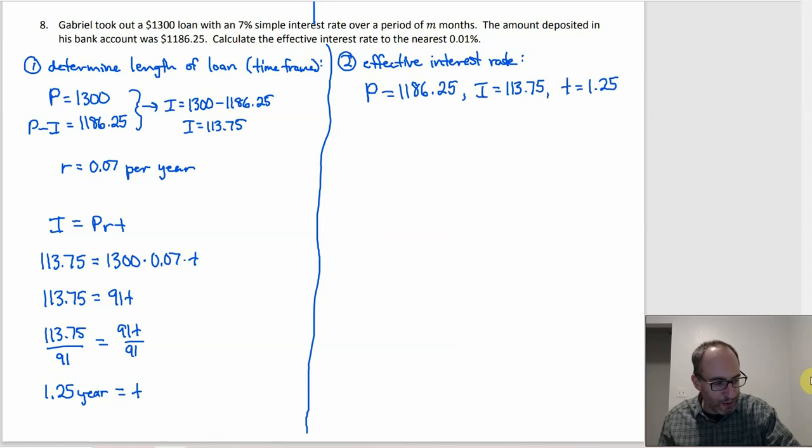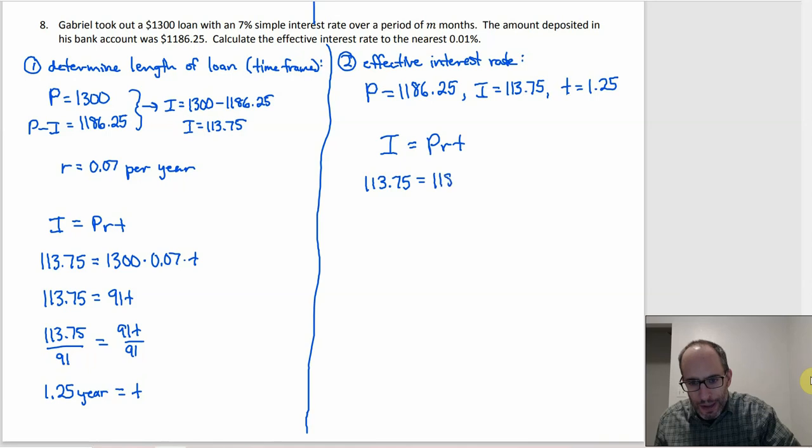And that should be enough to put all this together, because we're just solving for R now. So we have I equals PRT, where then I is 113.75, P is 1186.25, then times R, and then times 1.25 for T.